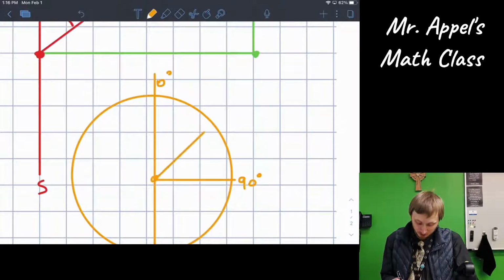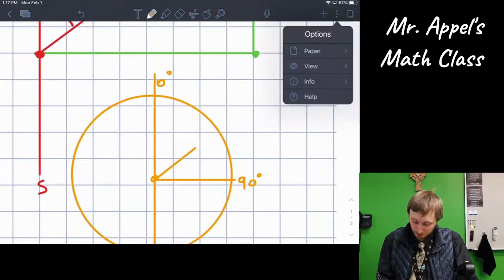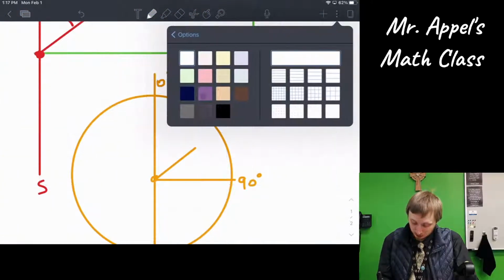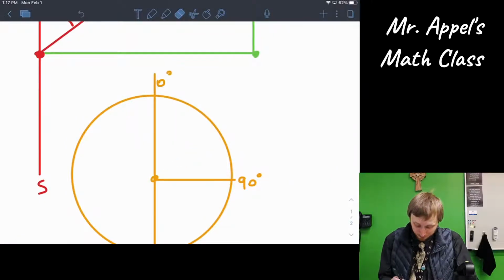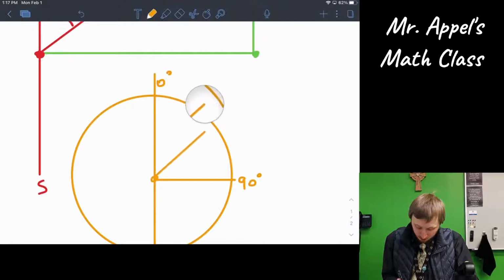This does have a snap feature of 45s. Let me see if I can find it. I think it's getting thrown off by the grid, so let me turn the grid off for a moment. There we go. It will snap a straight line. And I think there it is. Oh, lost it. Okay, so I know that's 45.